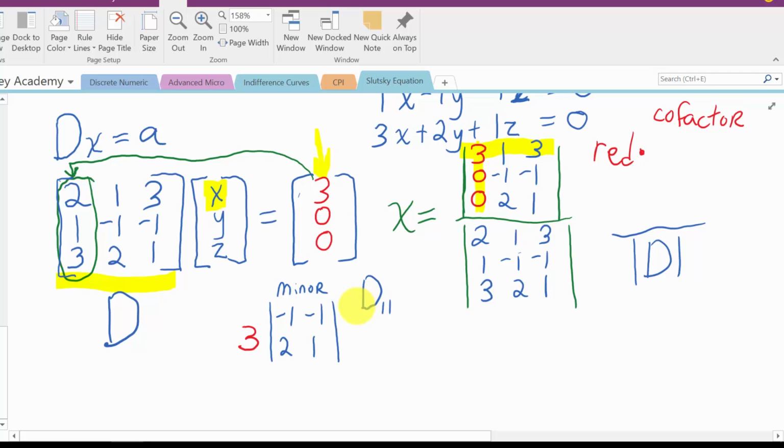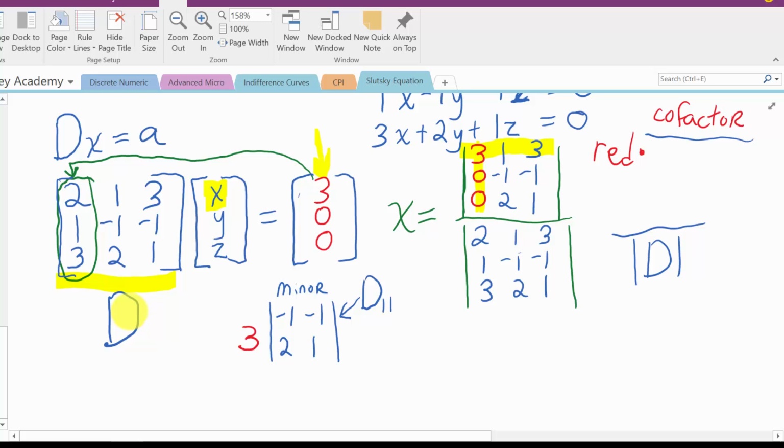D11 means it's the minor, but crossing out the first row and the first column. But one other thing we have to do to this minor in order to get what we would normally call this cofactor here. The cofactor is a minor that has the proper sign on it.